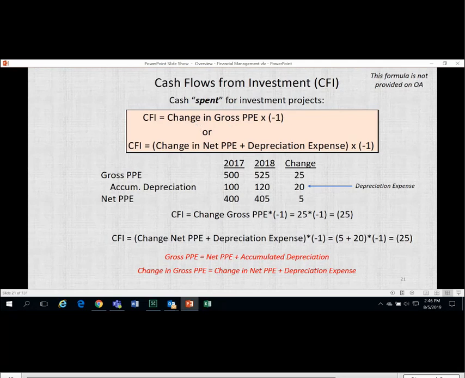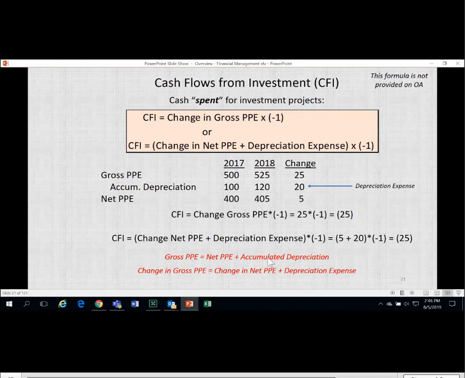Now, could be, though, that you're not given the change in gross PPE. It might be that you're only given net PPE and depreciation expense. Okay, let's go back. Remember, on the balance sheet, gross PPE equals net PPE plus accumulated depreciation. It's just that salmon area in the lower left quadrant of the balance sheet.